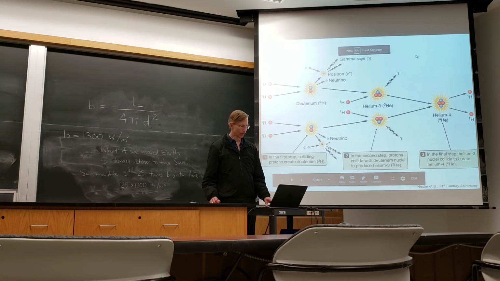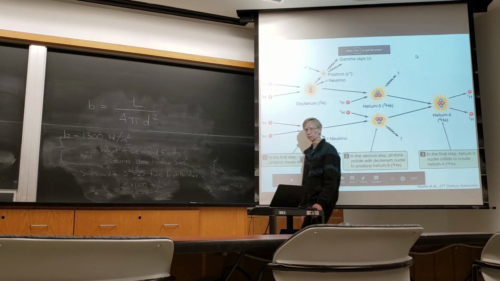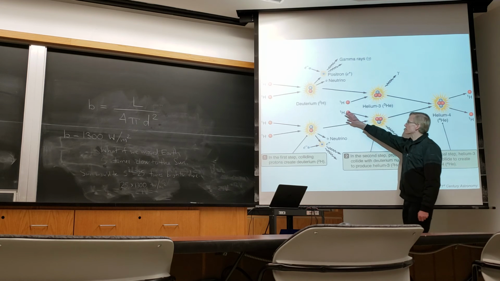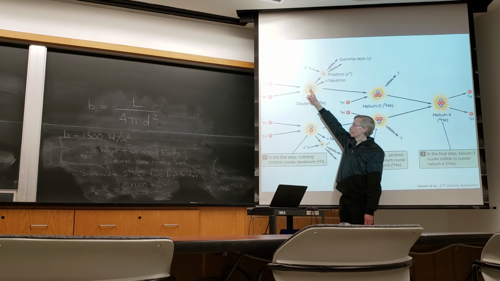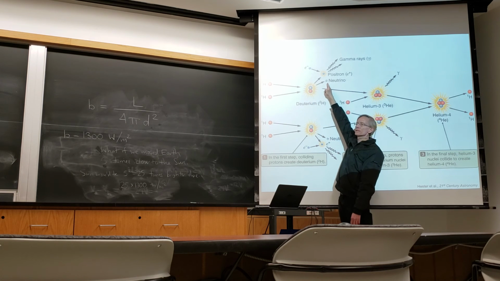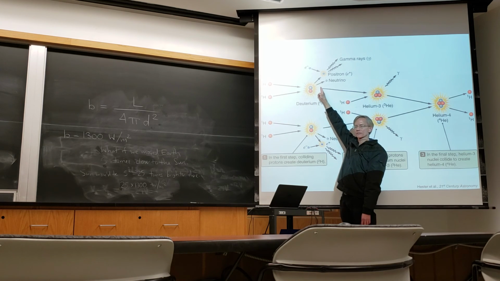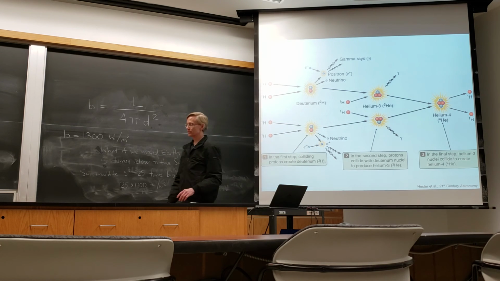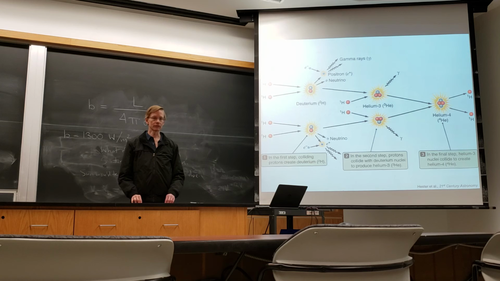And they are produced in some nuclear reactions. So for example, in the first step of the proton-proton chain, when a proton turns into a neutron, it spits out a neutrino as part of that reaction. What's important about that is, first of all, neutrinos do not interact very strongly with other kinds of matter.